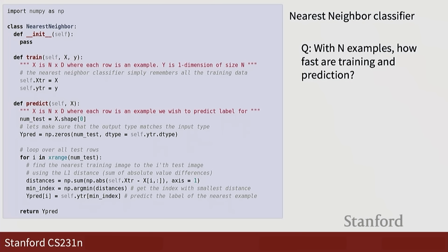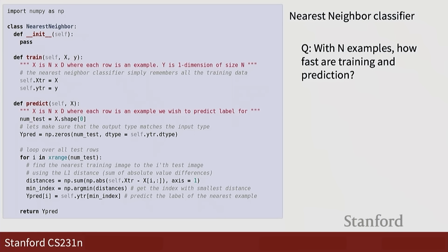But we want to see, with say N examples that we have in the training data, how fast the training and prediction happens. I'm hoping that you're familiar with the big O notation that we often represent computational and sometimes space complexities with. But here, if you look at the algorithms, I'll go with the training data in the training function, and then I want you to help me with the answer for prediction.